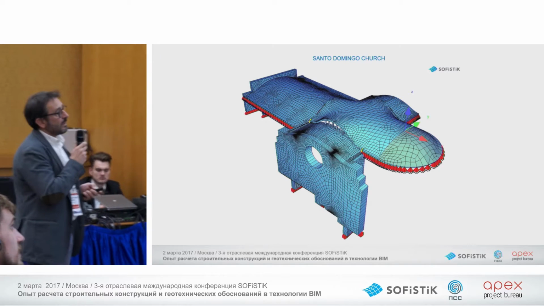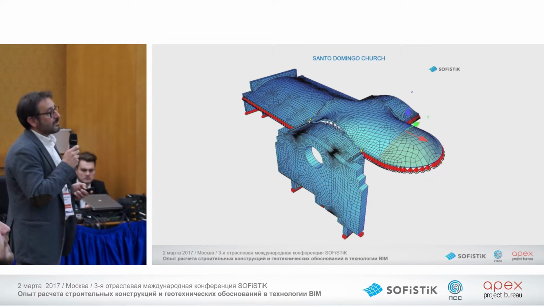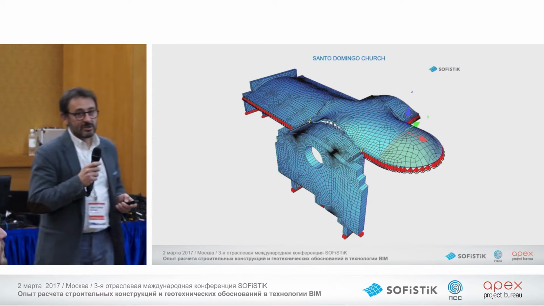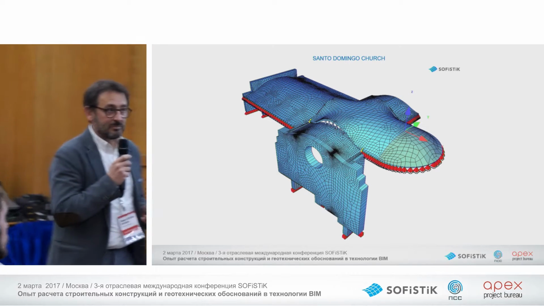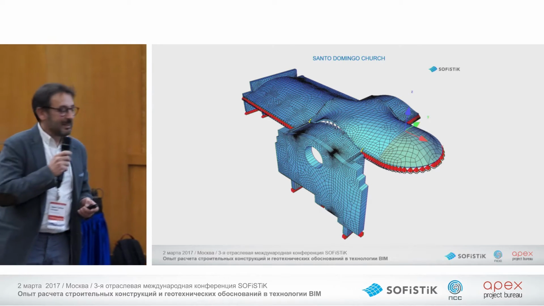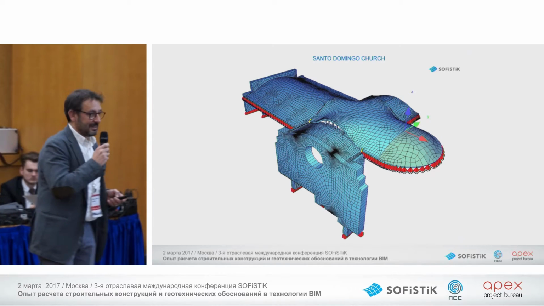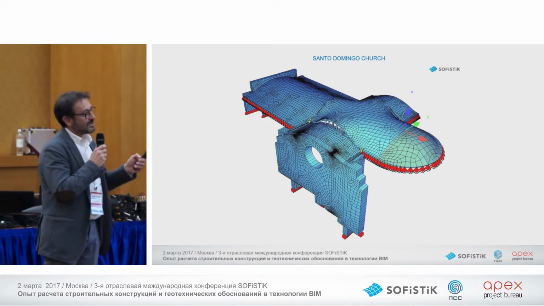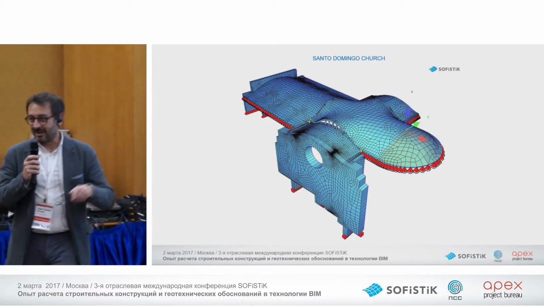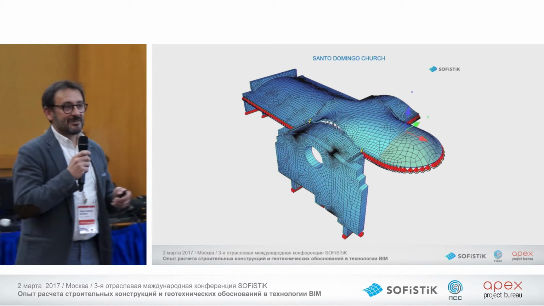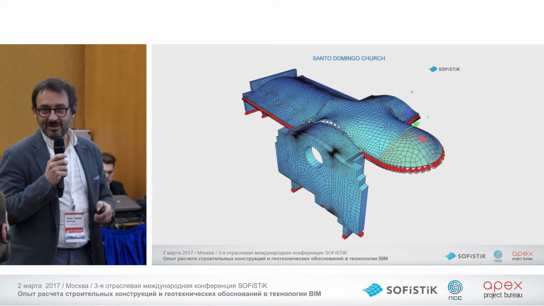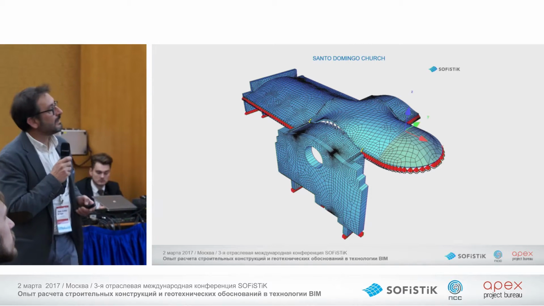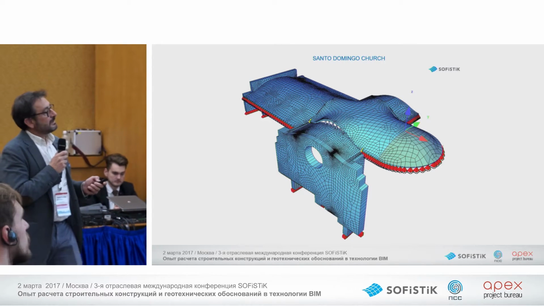This is one structure from Moneo. Moneo is a very famous architect in Spain. He won the Pritzker Prize a few years ago. And this year, yesterday, one of the Spanish teams of architects has won the Pritzker Prize, RCR. This is in Santo Domingo.